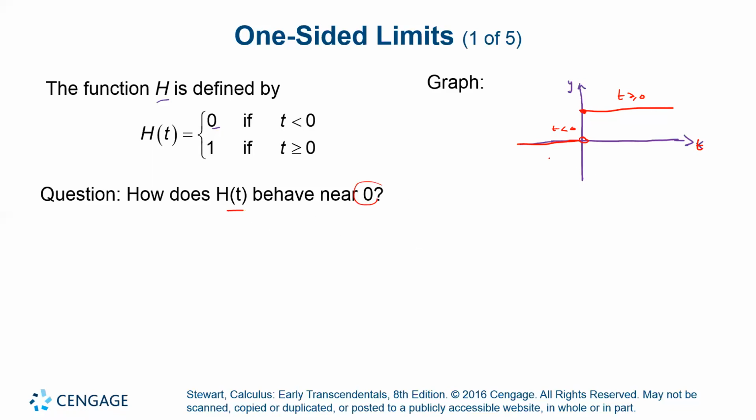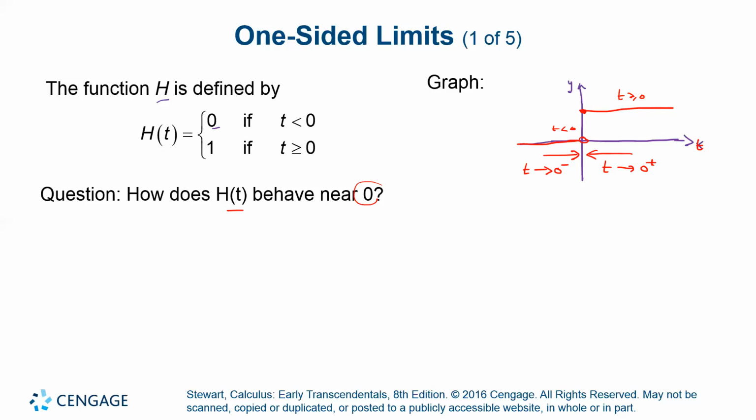In other words, what happens if you're approaching 0 from the left and approaching it from the right? Symbolically, t approaching 0 from the left is how we write it. And from the right, t approaching 0 from the right, we put a plus, which means that we are considering values greater than 0, but getting closer and closer to 0 from the right.